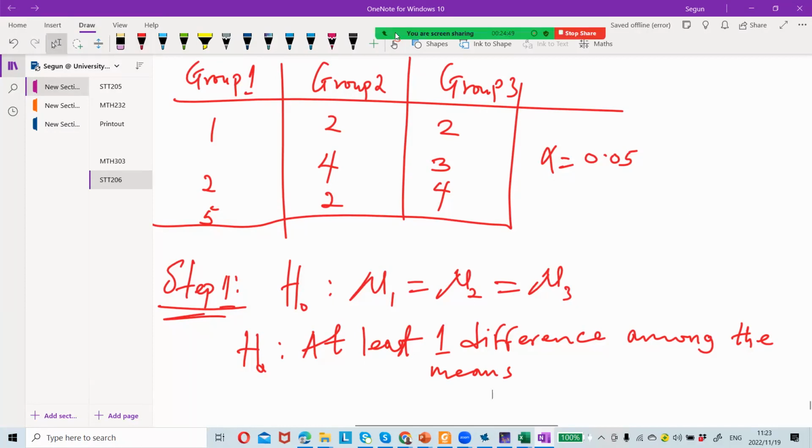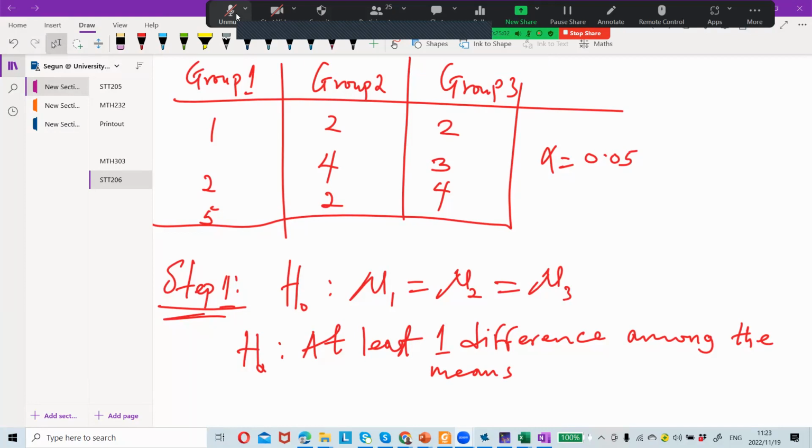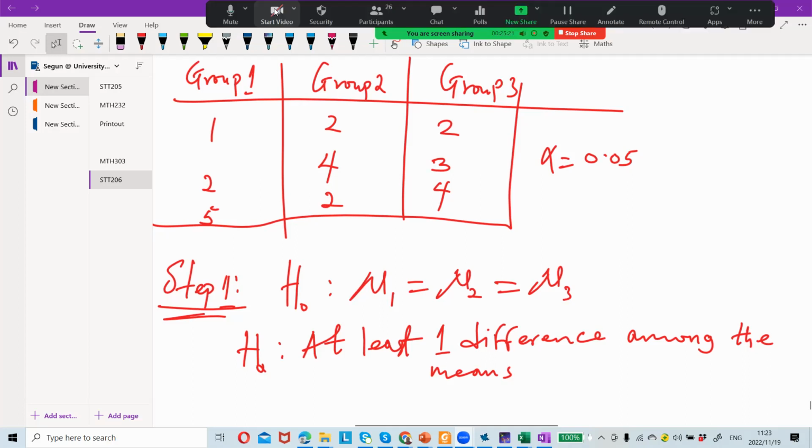Just 1 second. Sorry. So at least one difference among the means, that we need to also check.